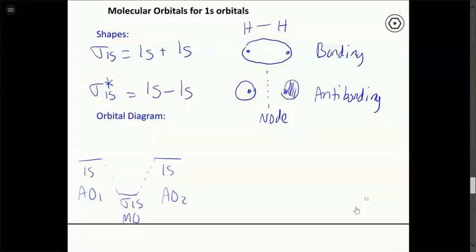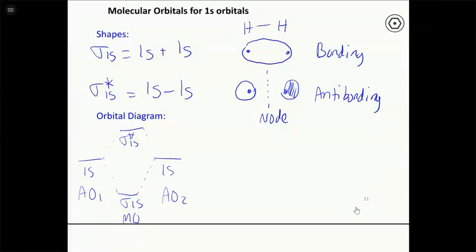So the center part of our diagram are the molecular orbitals, and then we have the out-of-phase combination, which is higher in energy. So the electrons in our molecule are no longer going to belong to these individual atomic orbitals. They're going to be filling these molecular orbitals that we form by mixing the atomic orbitals together.